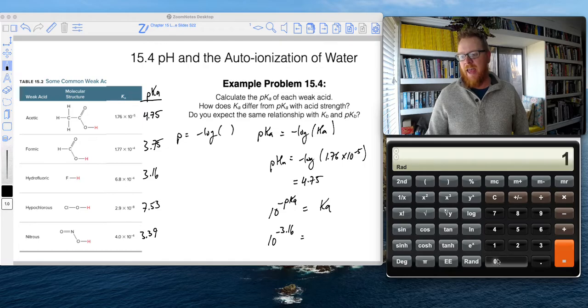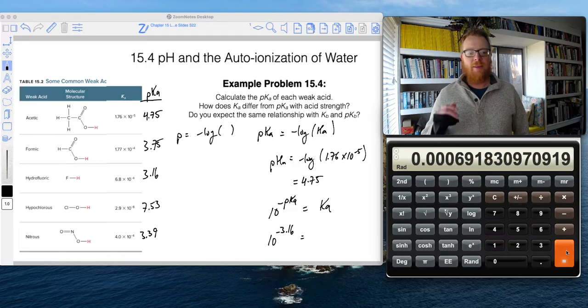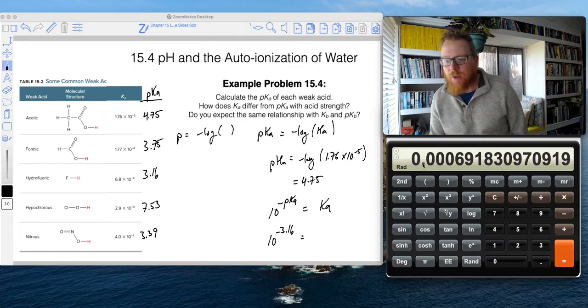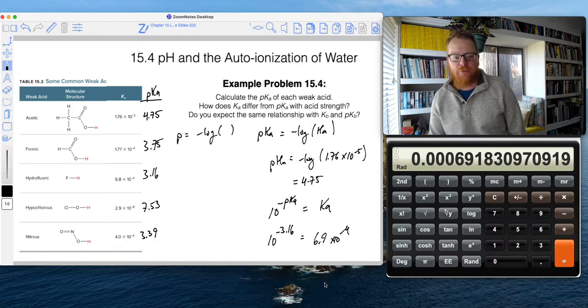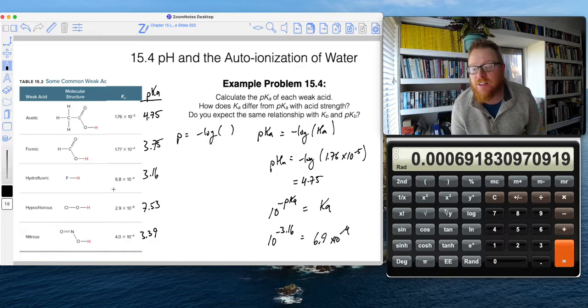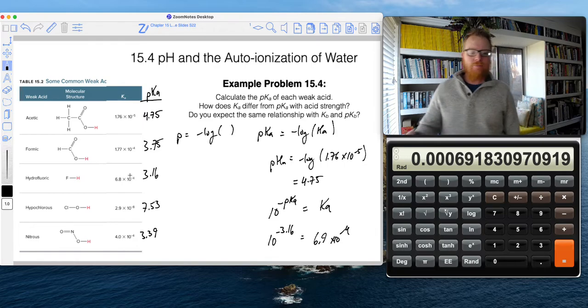I've got to go 10 raised to the power 3.16 negative equals, there we go. So I just did it backwards. And now you can see that I get 6.9 times 10 to the negative 4. And you can see over here it's listed as 6.8 times 10 to the negative 4. That's fine. I likely needed just some more sig figs to make those numbers work out.